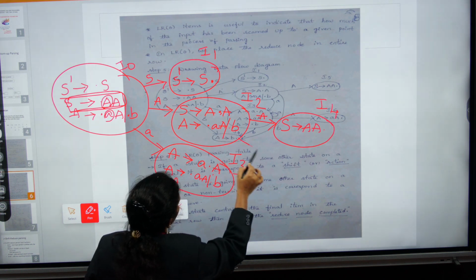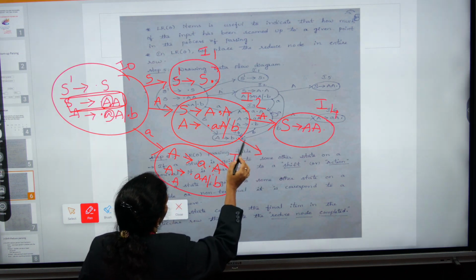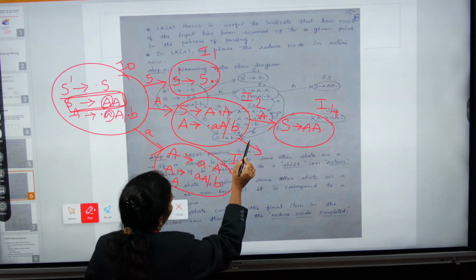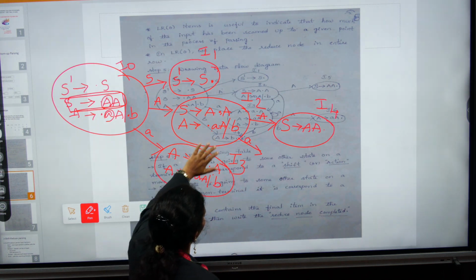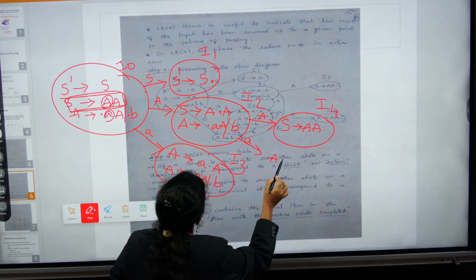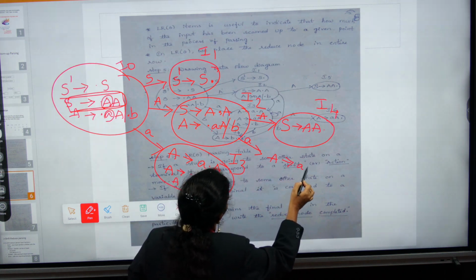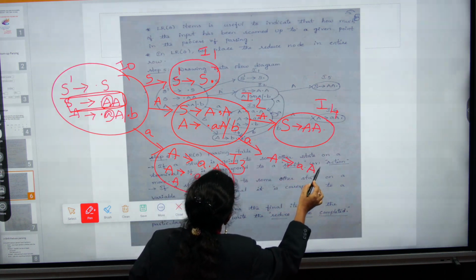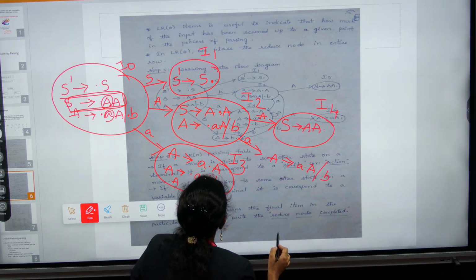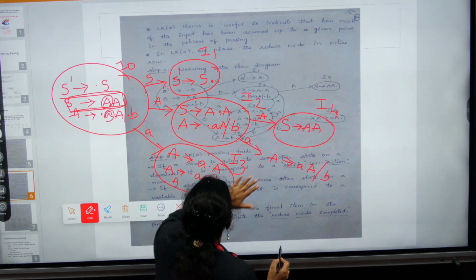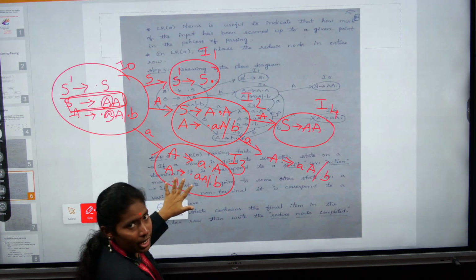And in this state we have one more production, and in that production, on small a we can do it. On small a, it will become A determines A dot A or dot B. This production is already there in the state I3.